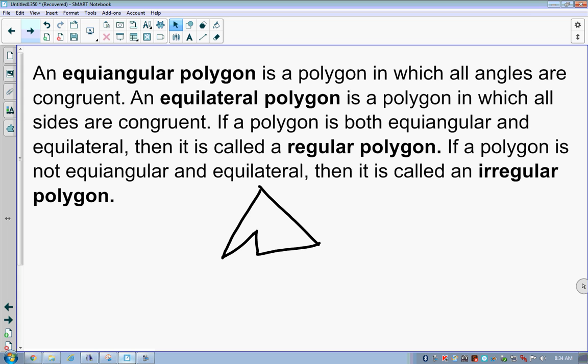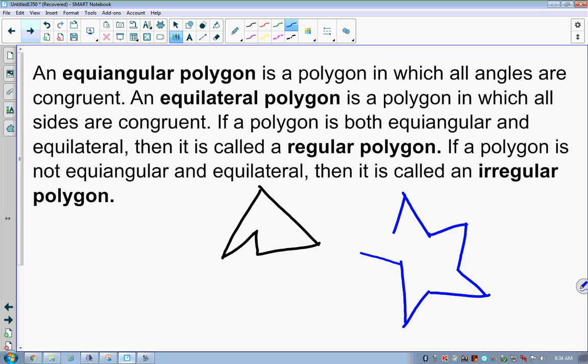Let's see. Another one that maybe looks a little bit more regular but isn't considered regular is, oh gosh, a star. I can't do a very good job of it, but if there was a really good drawn star here, let's see, I think I can actually maybe even pull one up.